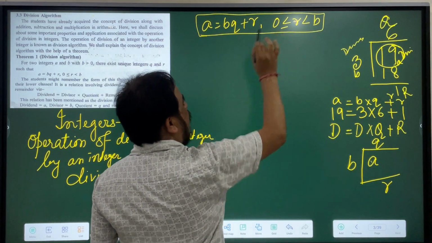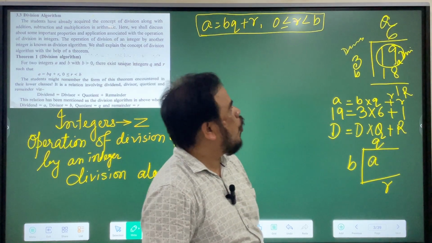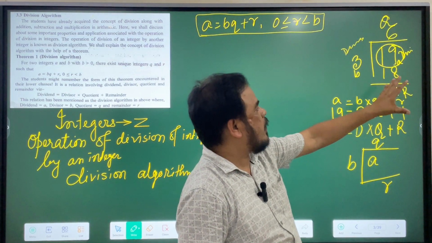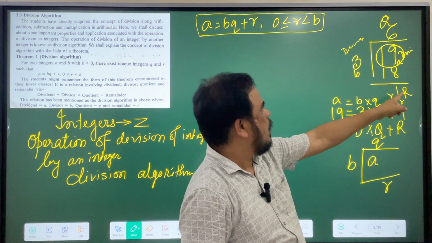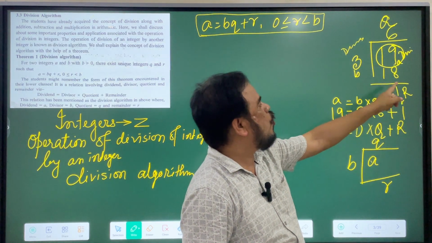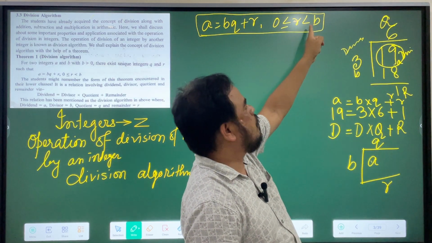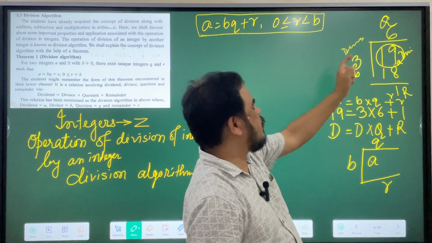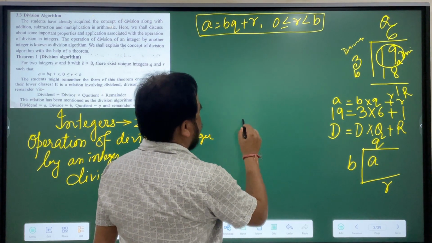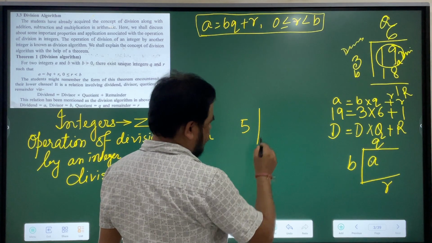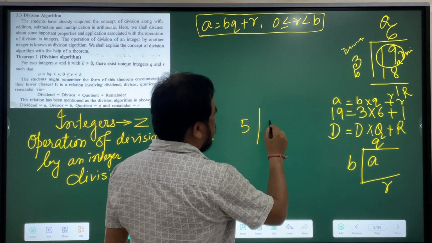And this r, what is r now? Do you know the fact about r? What is the remainder? The remainder will always be smaller than b, that means the divisor. Look here. Suppose you are dividing 36 by 5.